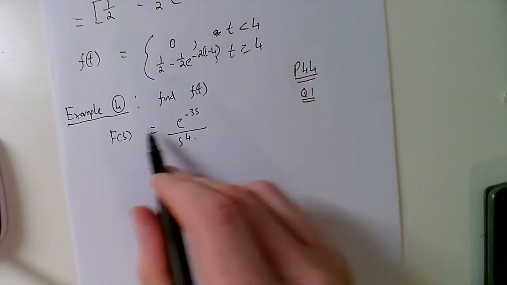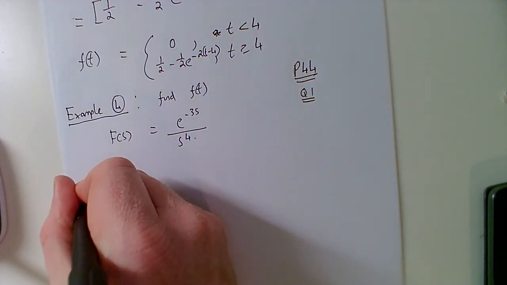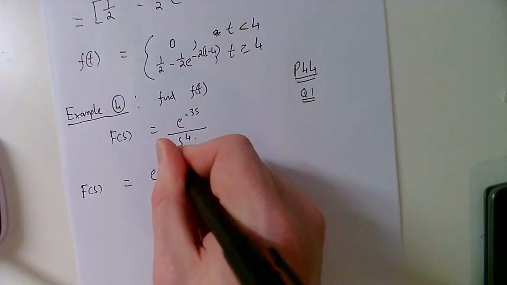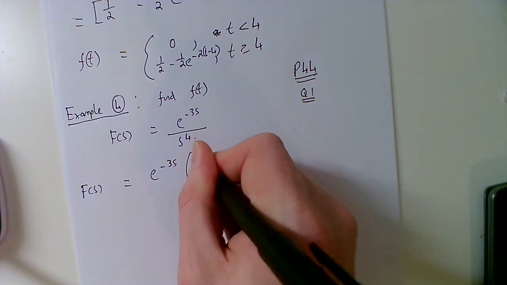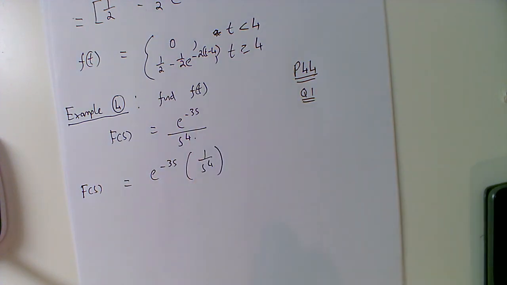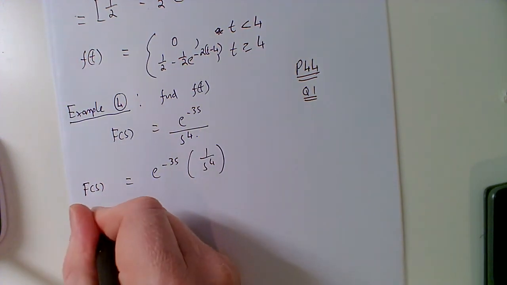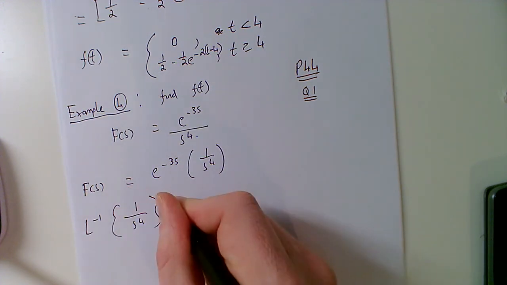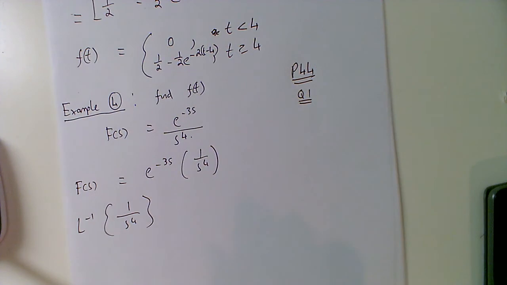So, here we go. So, that means I can rewrite this as e to the power of negative 3s times 1 over s to the power of 4. So then that means I need to find the inverse Laplace transform of 1 over s to the power of 4. Okay?